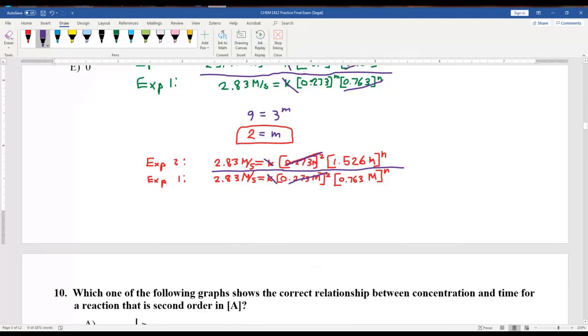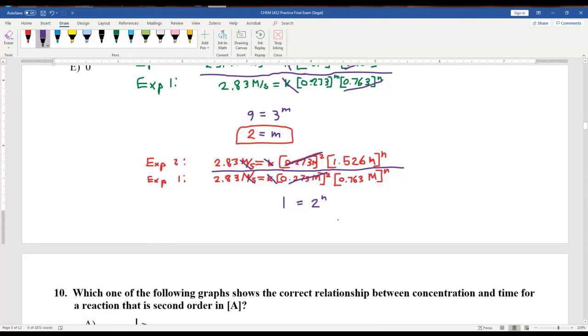At this point, all I have to do is divide the two sides. I've canceled out one variable. And this gives me, on the right-hand side, about 2 to the n. But on the left side, because it's the same thing, it's just going to be 1. Anything divided by itself is 1. So 2 to the n is equal to 1.